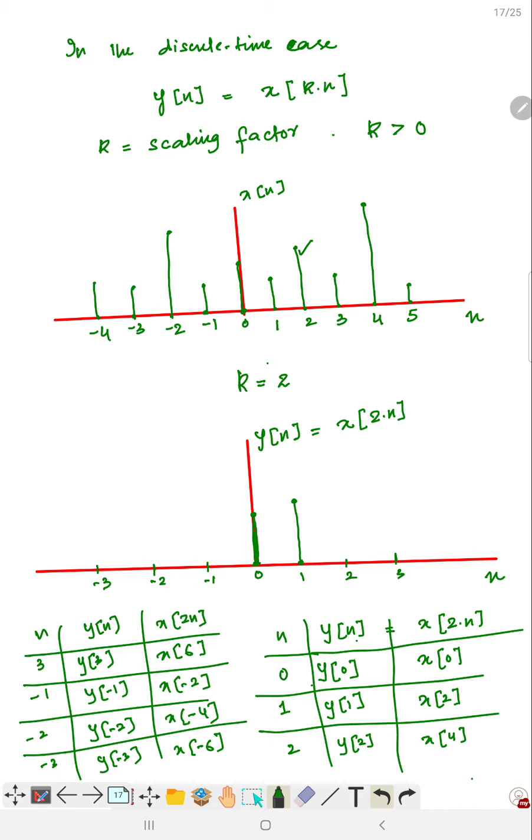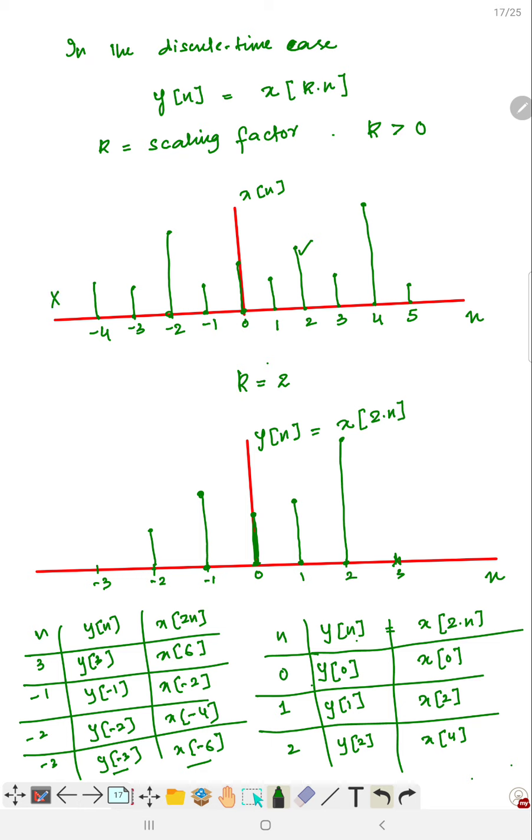Then y of 2 is x of 4, something like this. y of 3 is x of 6, x of 6 does not exist, so no value here. y of -1 is x of -2. Likewise y of -2 is x of -4. Then y of -3 is x of -6, which does not exist.